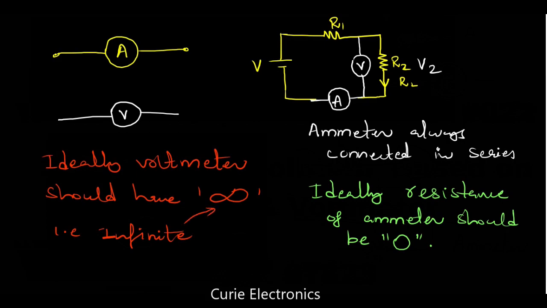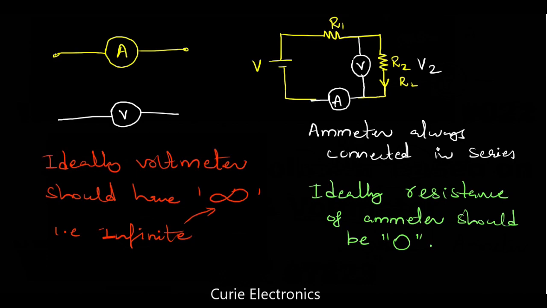That means very high resistance. That is for the ideal case. For a practical case, the voltmeter resistance will be in terms of mega ohms. And practical ammeters will have micro ohm or milli ohm resistance. So this much we should know.